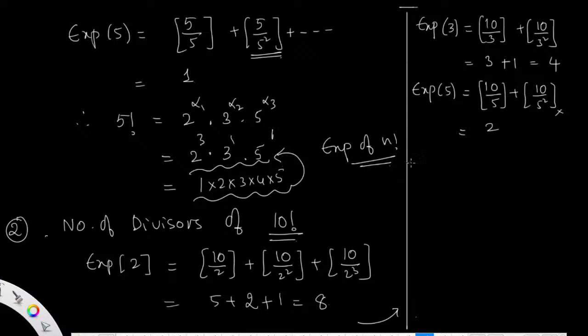And therefore 2 power alpha 1 into 3 power alpha 2 into 5 power alpha 3. If it is 7 power also, you can take floor of 10 by 7 also.